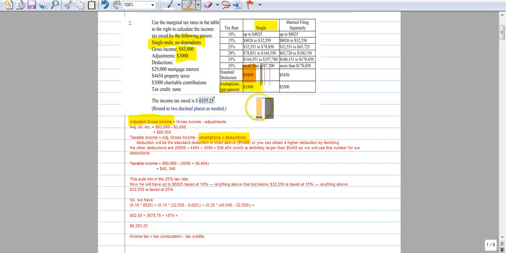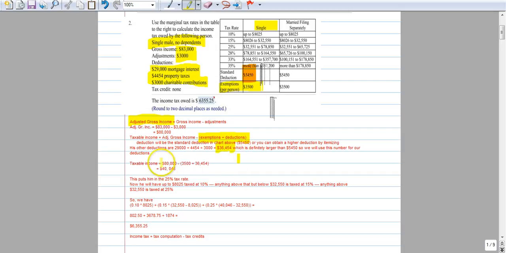It's either the $5,450 here, or it could be higher if you do what's called itemizing and you add all of these together. If we add all of those together, 29,000 plus 4,454 plus 3,000, we get 36,454. That's definitely bigger than 5,450, so we're going to use that number instead as his deductions number.